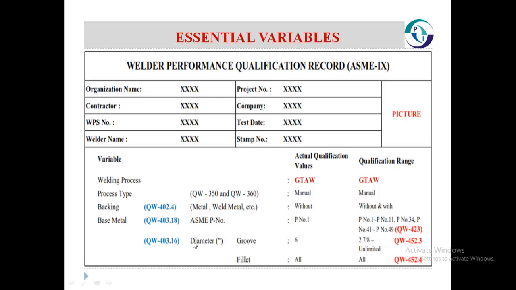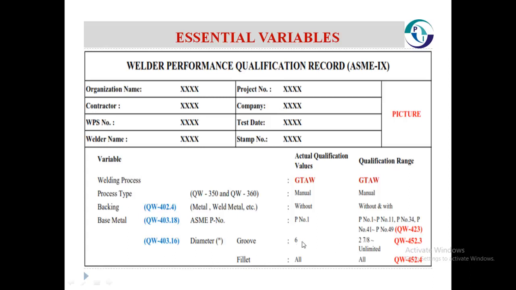The pipe diameter for the welder performance qualification record as per QW 403.16 is an essential variable. For the groove weld as per the table QW 452.3, if the test coupon diameter is less than 1 inch, the minimum will be the size welded and the maximum will be unlimited.